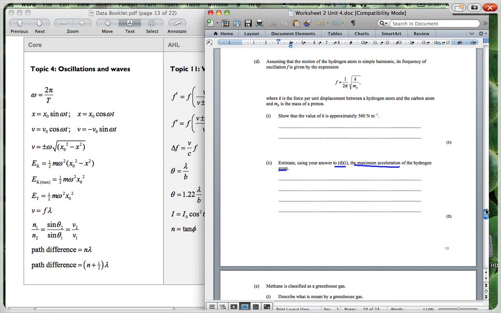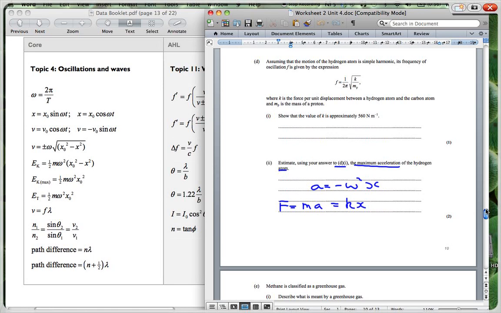Now from this we know that our acceleration is equal to minus omega squared x, and because we know that our force is equal to ma, and if we think of Hooke's law, it's also equal to kx.